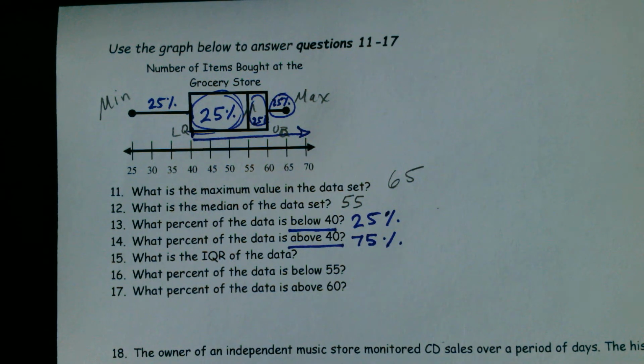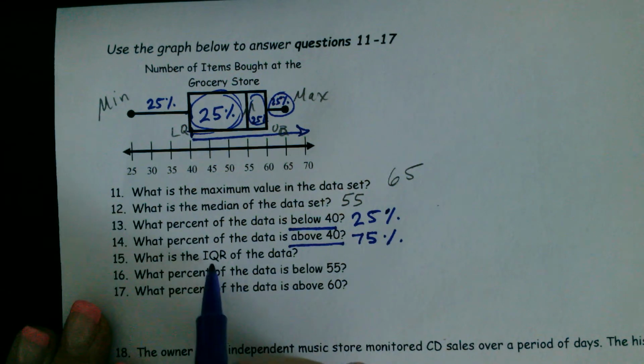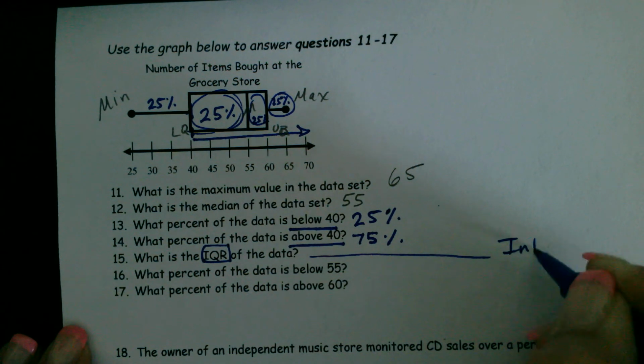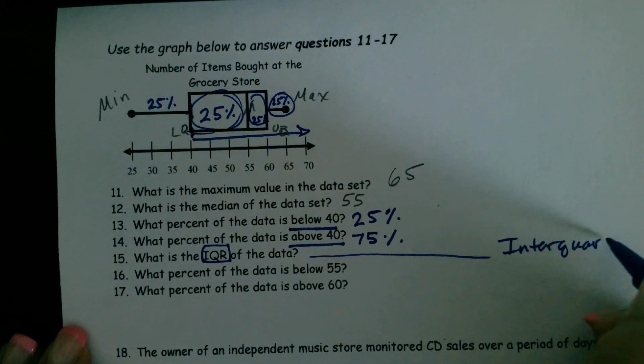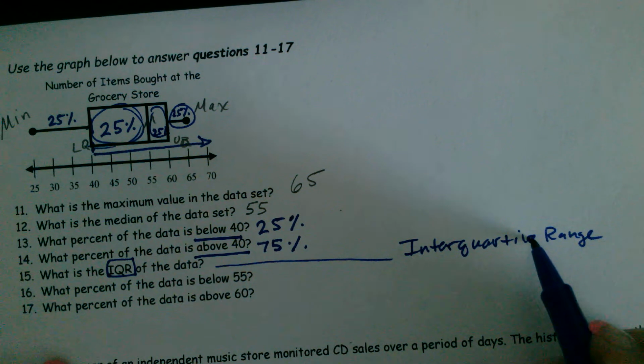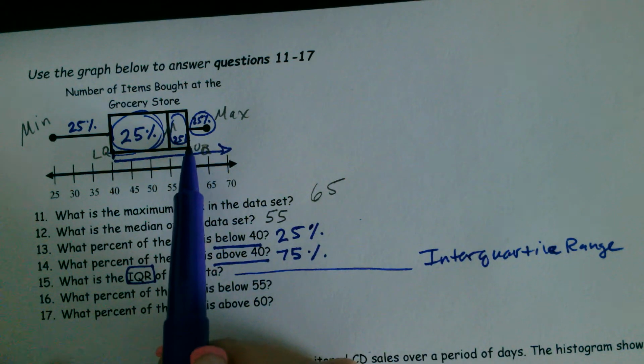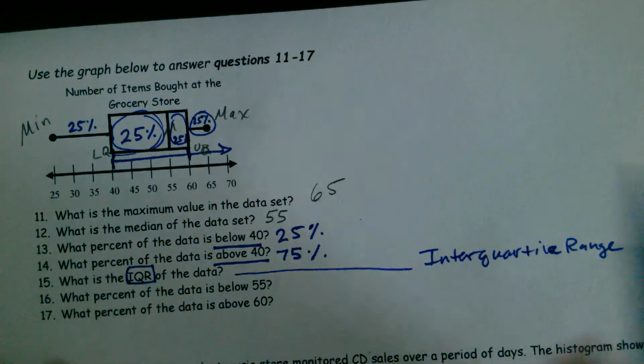What is the interquartile range? IQR. Hopefully you remember, interquartile range. Range is exactly what it means, the difference between the highest and lowest, but this time we care about the upper quartile and the lower quartile.